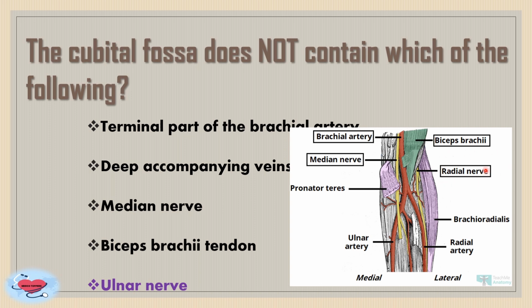Coming to the options, terminal part of brachial artery, deep accompanying veins, median nerve, biceps brachii tendon and ulnar nerve. And the answer is ulnar nerve. And the deep and superficial branches of the radial nerve are within the floor of the fossa. So they are also within the fossa.